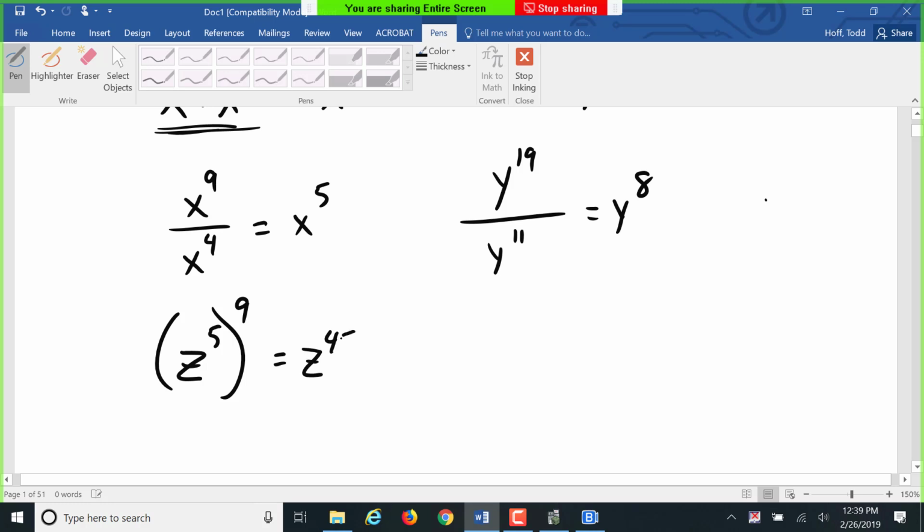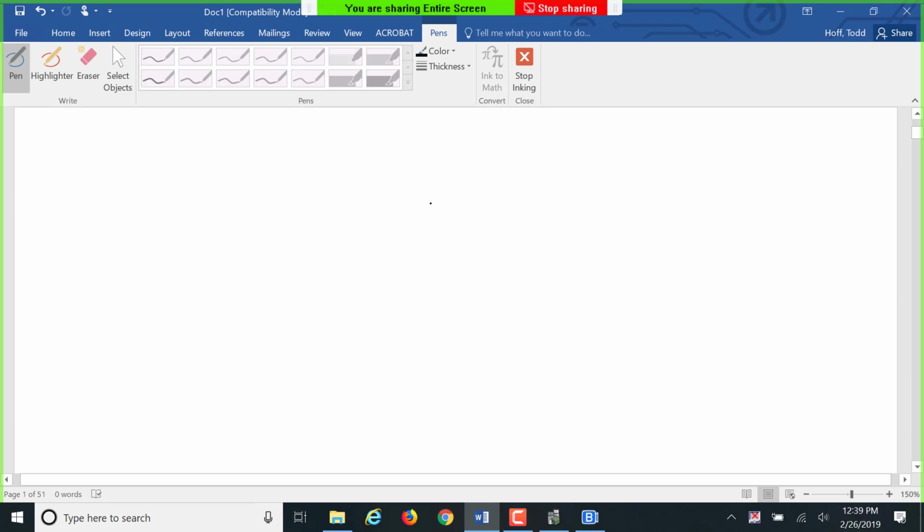Very good. And x to the 9th to the power of 11 is x to the 99th. So those rules are pretty basic and easy to work with. But what if we combine more than one of each?